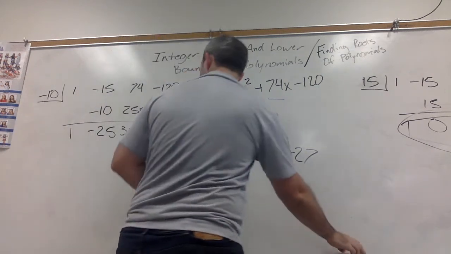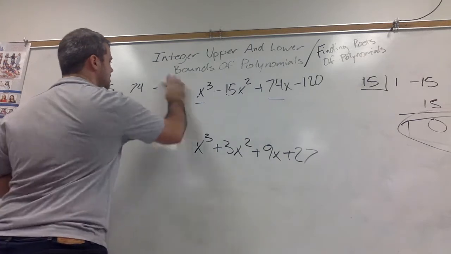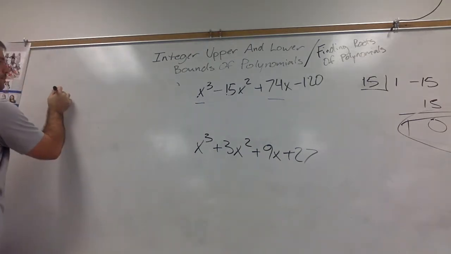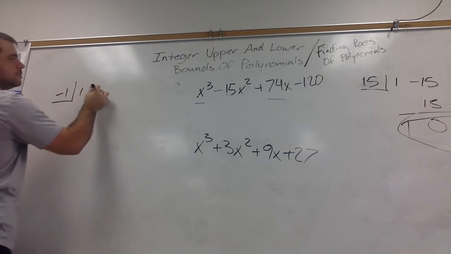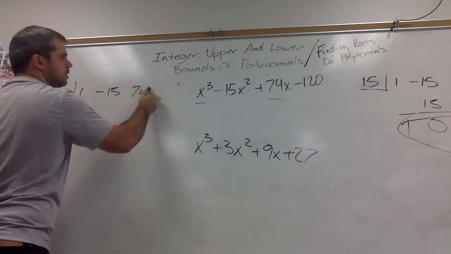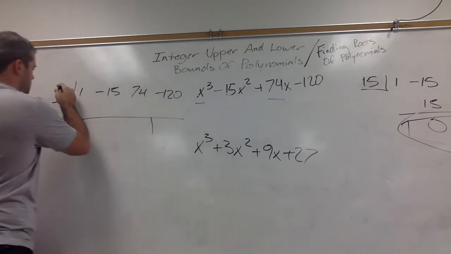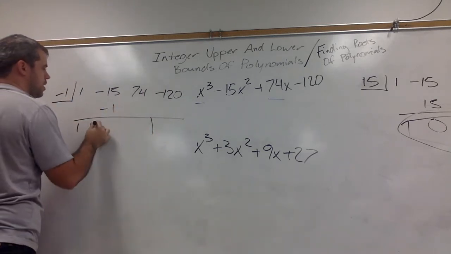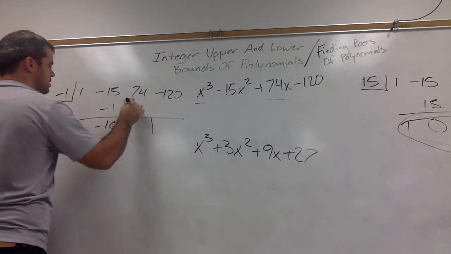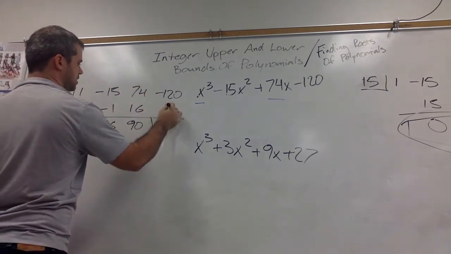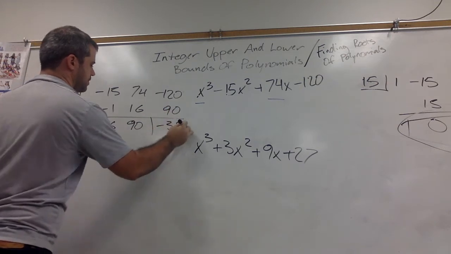So I can go all the way to negative 1. And it should still give me alternating signs. Let's try it. So negative 1 is negative 16, positive 16, 90, 90, negative 30.